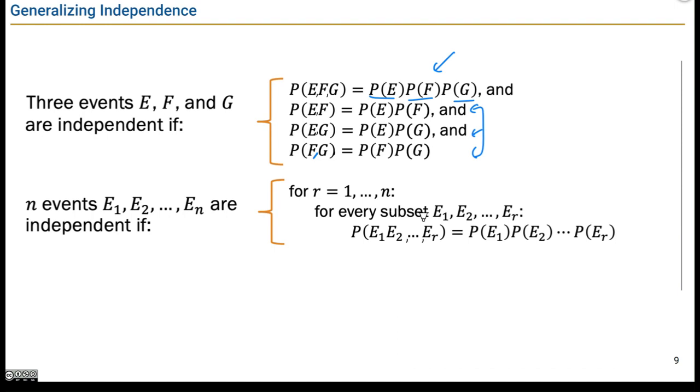I have to look at every possible subset combination and show that this is true. So this can be very hard to prove independence for more than just 2 events, unless it's something simple like dice rolling or flipping coins, where it's easy enough to be able to extend the idea.